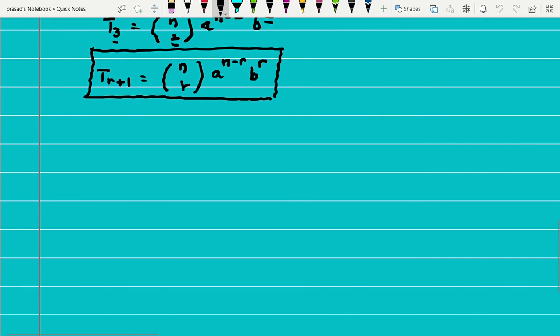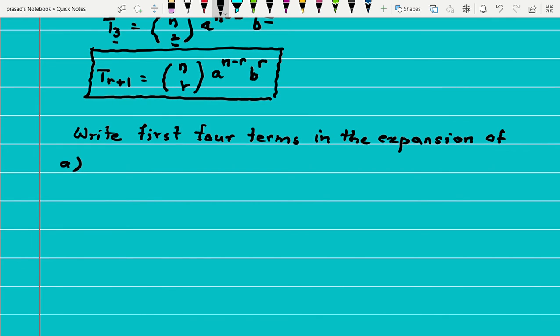So here, write the first 4 terms in the expansion of the first problem, 1 plus 3x to power 9.